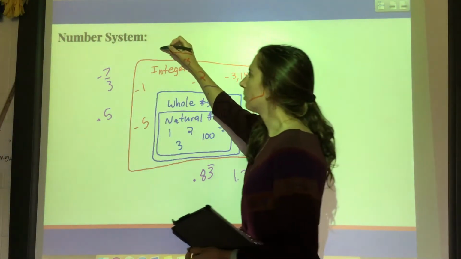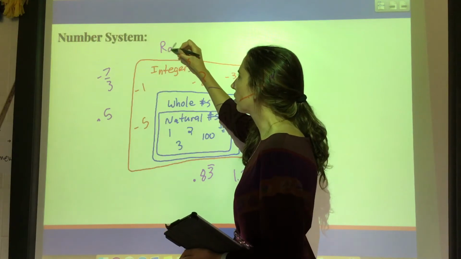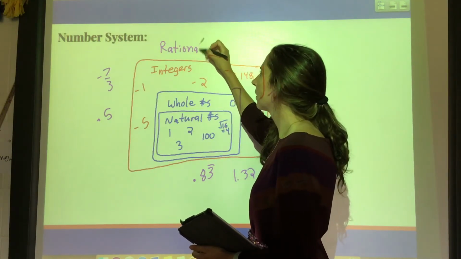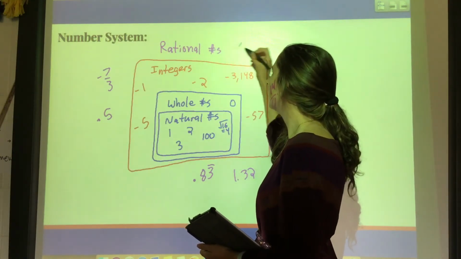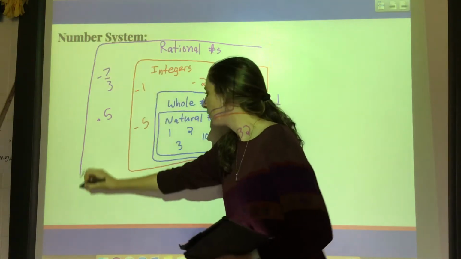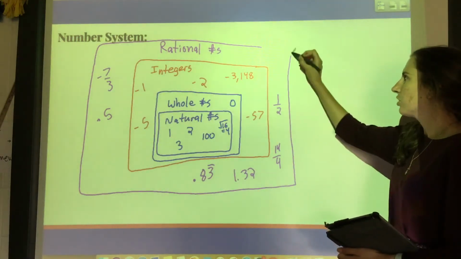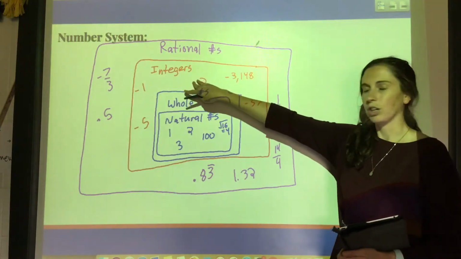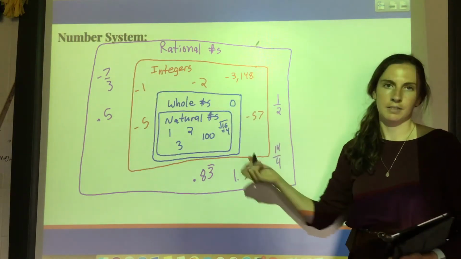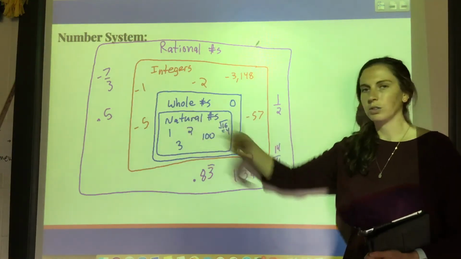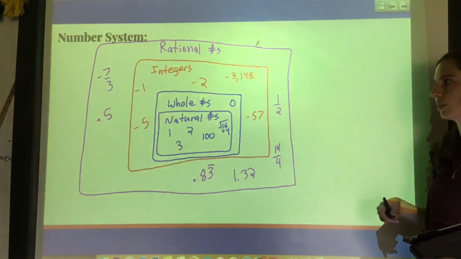These are what we just talked about. These are the rational numbers. They could be represented as a ratio. The rational numbers include the integers because they could be just all over 1, so those are ratios, which includes the natural numbers and whole numbers.